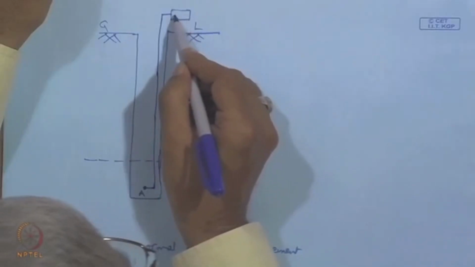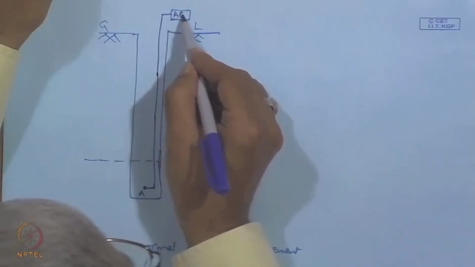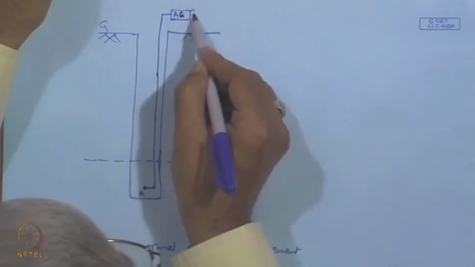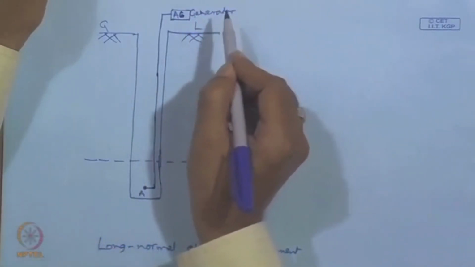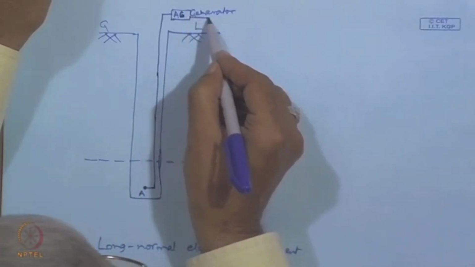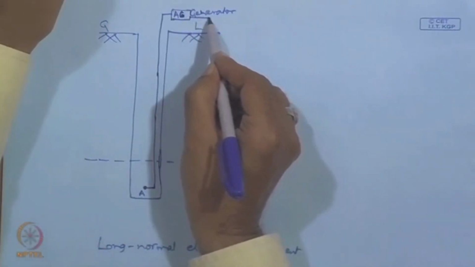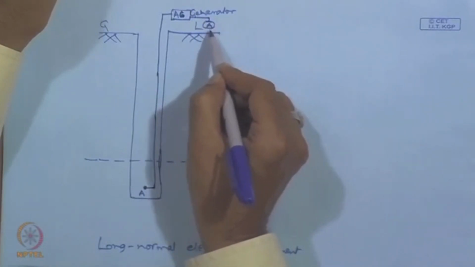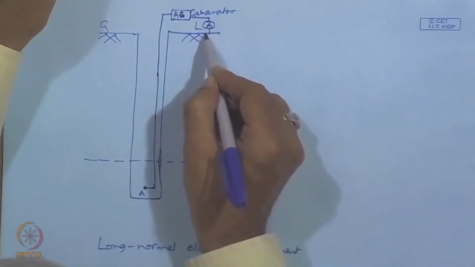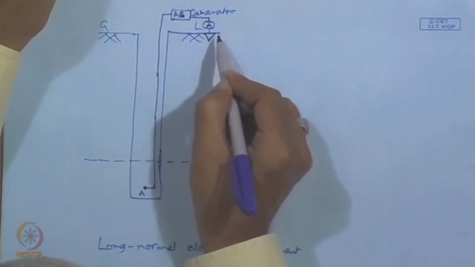Here there is an AC generator, and from the AC generator there is an arrangement to measure current, and there is this grounding.